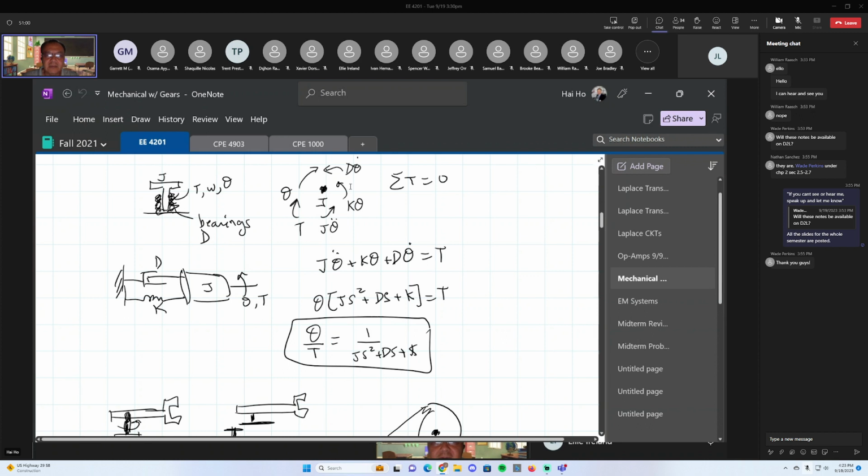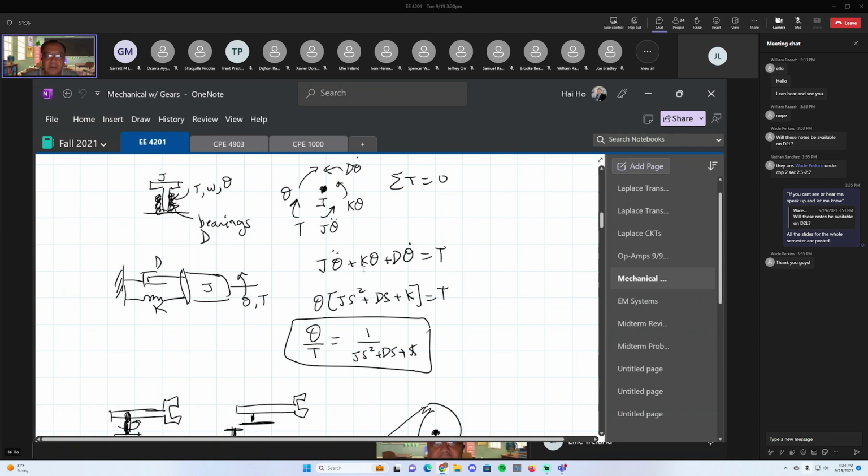The second Newton equation is that the sum of all torques acting on this shaft should be equal to 0. So here, all the ones that are counterclockwise are J theta double dot, plus D theta dot, plus K theta, which is this one, is equal to the clockwise force, which is the input torque T.